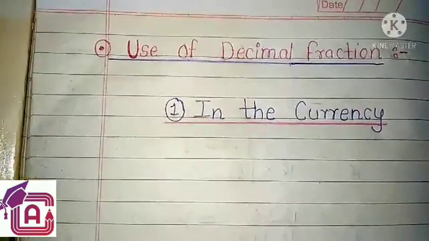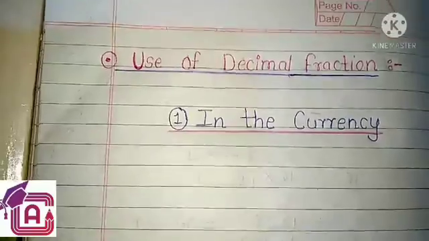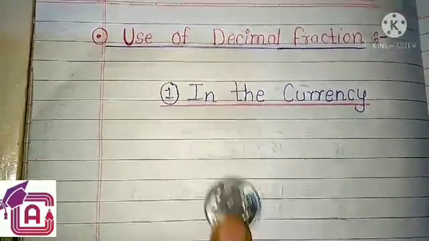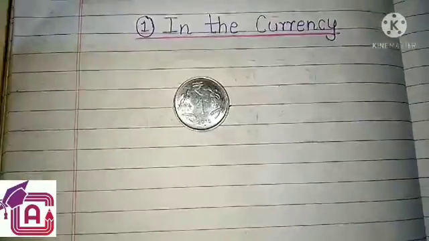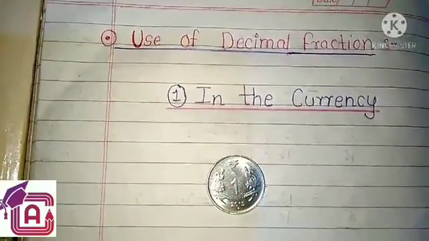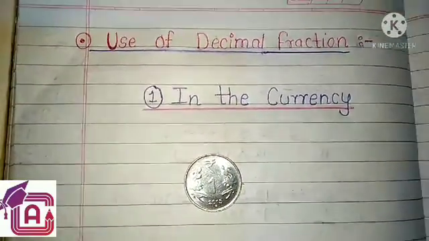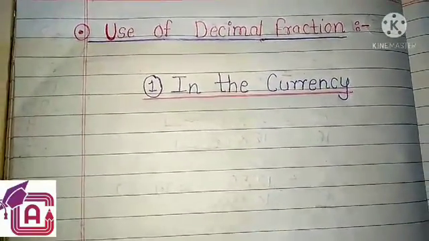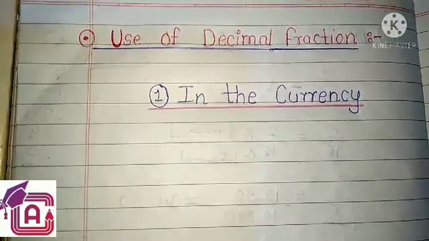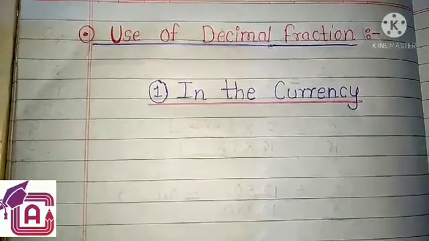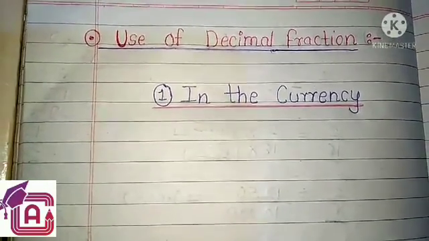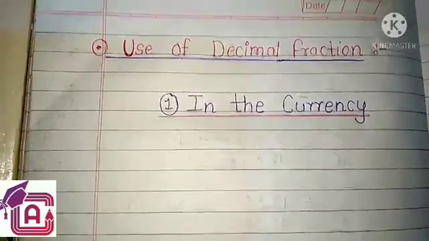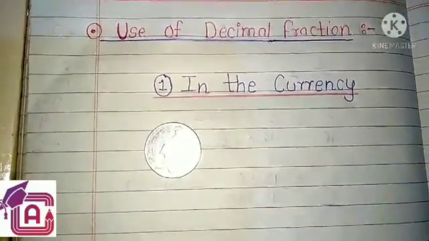Nowadays in India, according to our Indian currency, we are using the rupee, 1 rupee, as the smallest unit of our currency. But in the old years, nearly up to 2008-2009, the smallest unit for this currency was the paise.